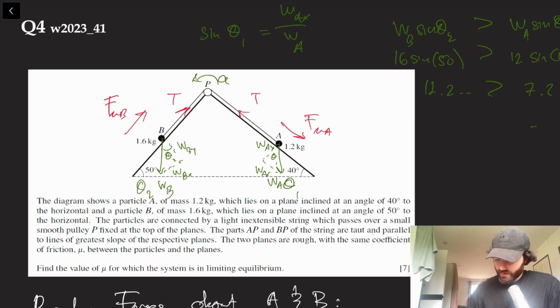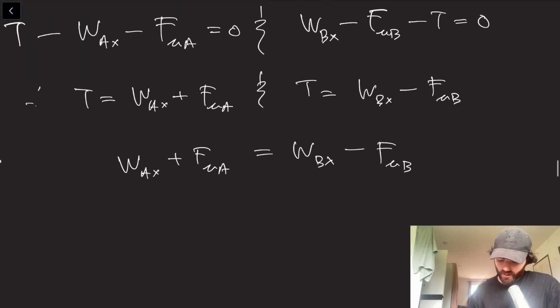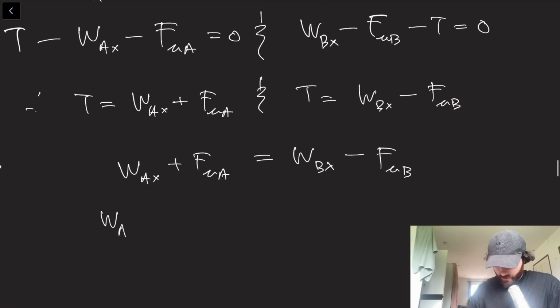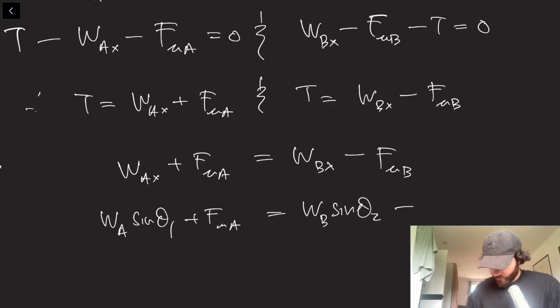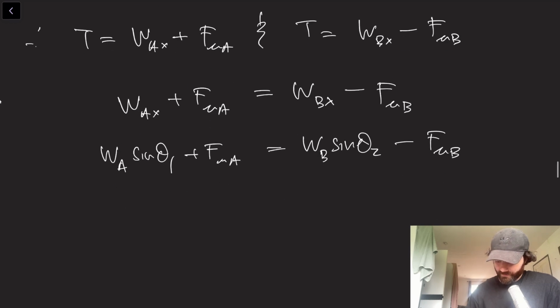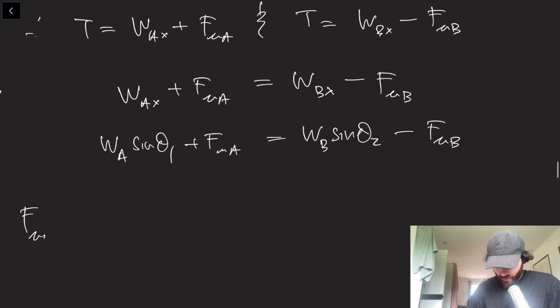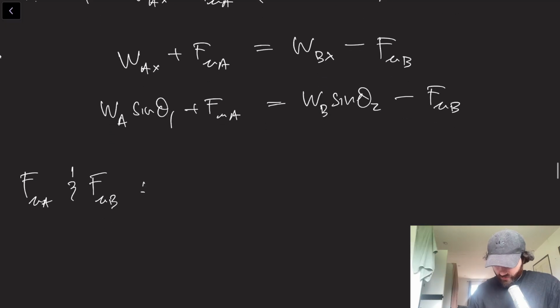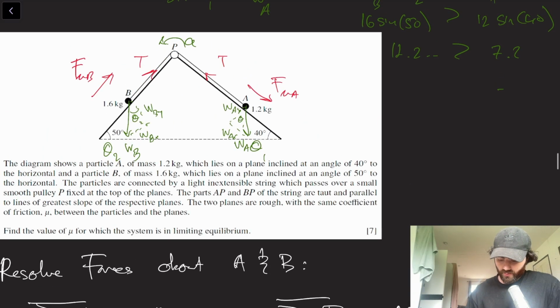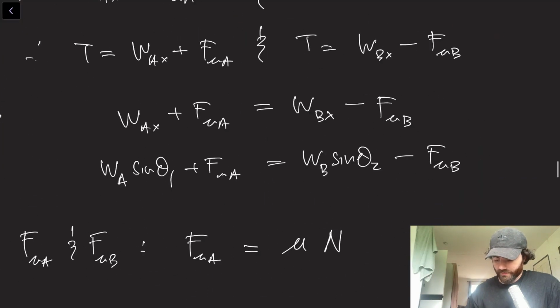Remember, WAX is WA sine theta 1. So this is WA sine theta 1 plus F mu A. And this is WB sine theta 2 minus F mu B. And for F mu A and F mu B, well, F mu A is just mu times the normal contact force for A, which in this case is WAY.